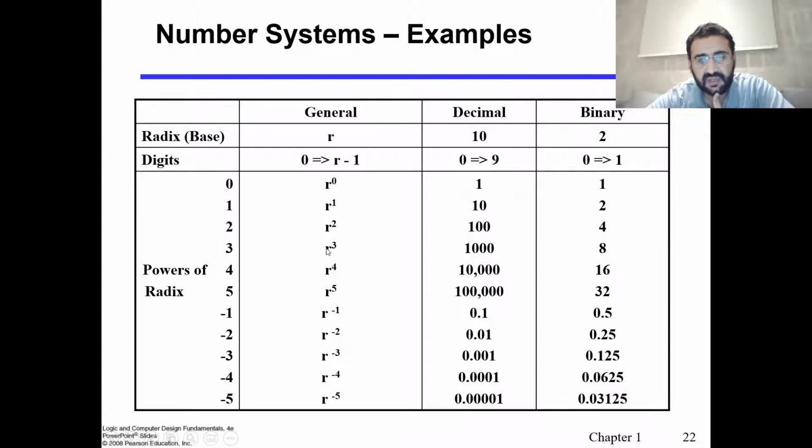For example, this is the fourth position because we start counting at 0. So the digit at this position will have a weight of 1000 for decimal numbers and 8 for binary numbers.